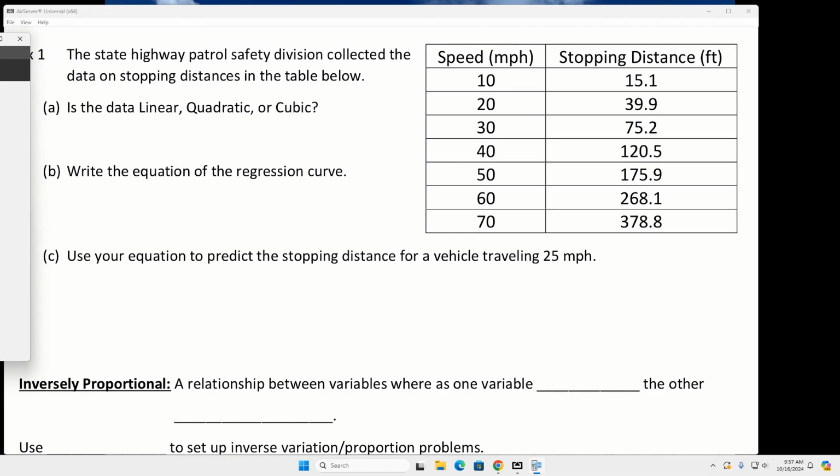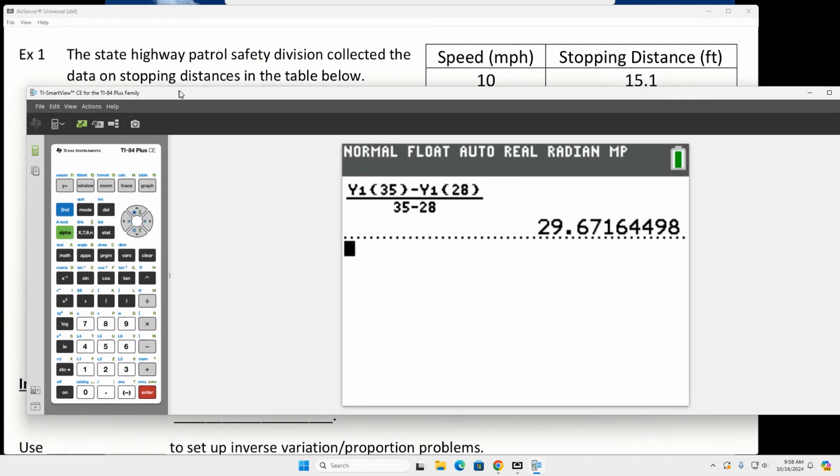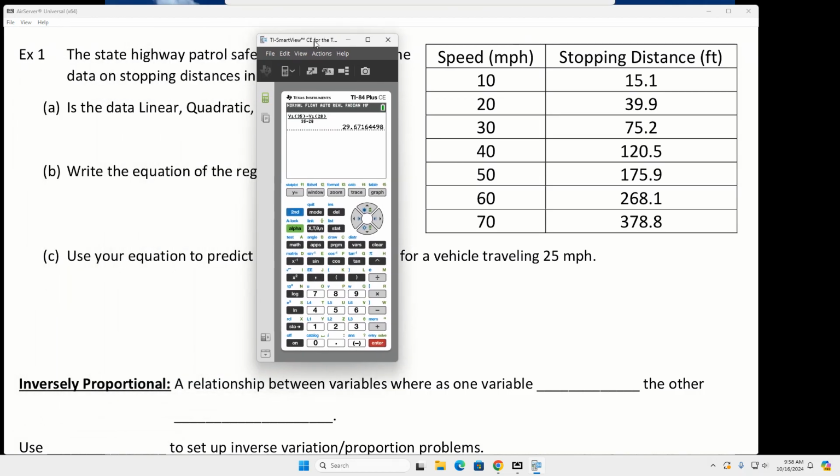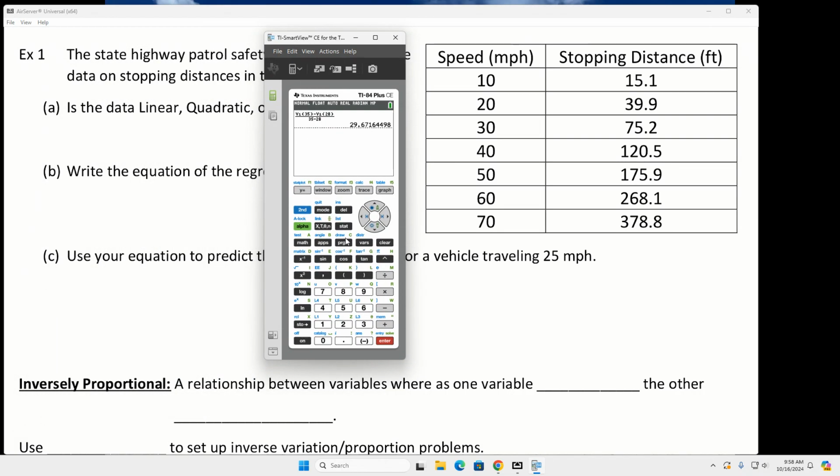So we're going to decide if the data is linear, quadratic, or cubic. So we'll start off the same way by entering the data in the calculator. So that's stat edit again. To clear your list, you do up, clear, enter.